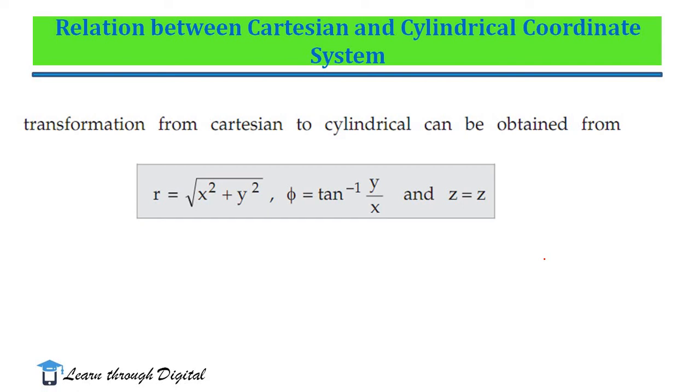While calculating phi, we should consider the signs of x and y, that means whether they are positive or negative values.